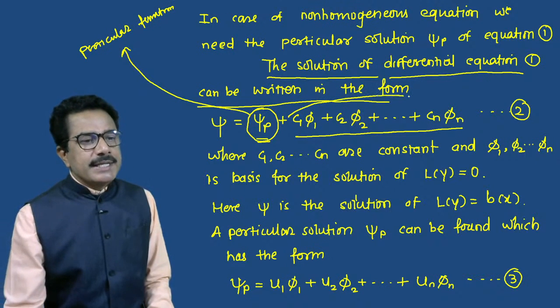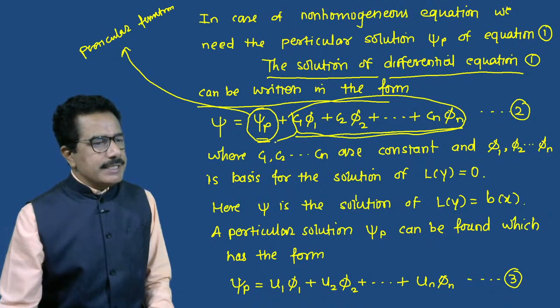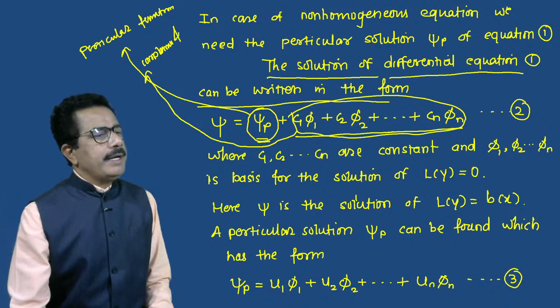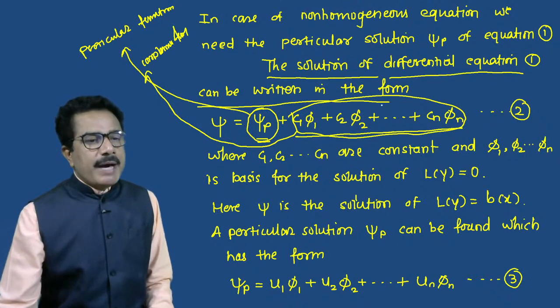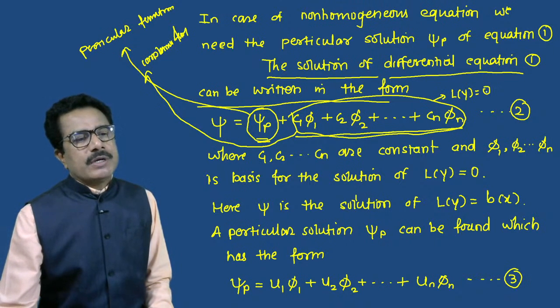And this second part is called the complementary solution, or complementary function. This part is obtained by putting L of y equal to 0.